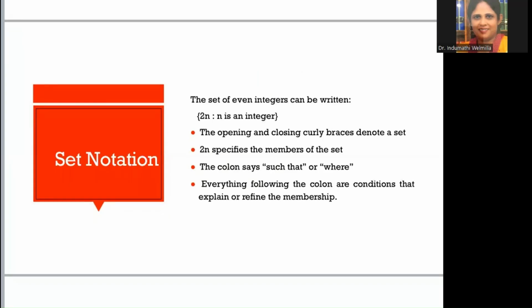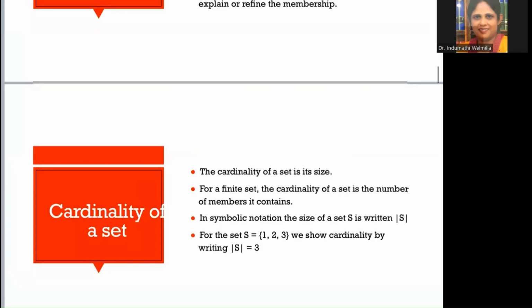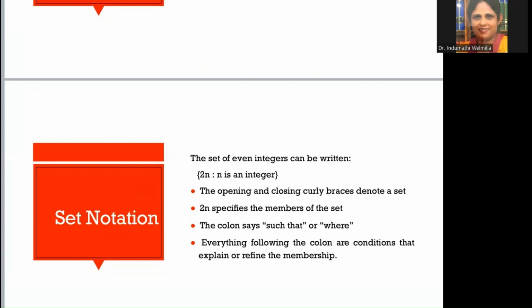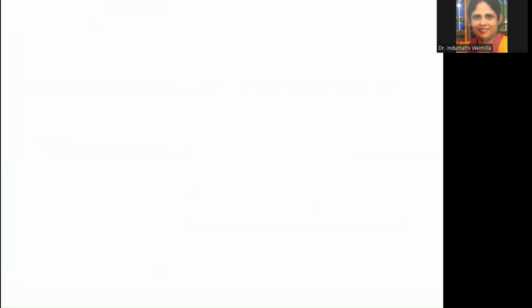First method: we can represent the set in builder form.